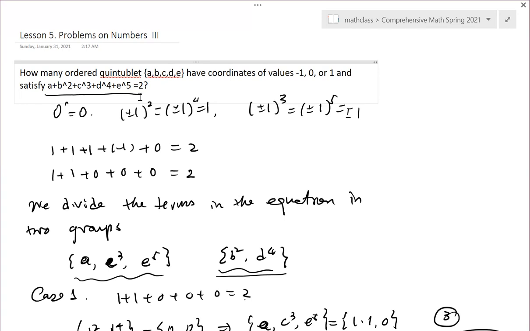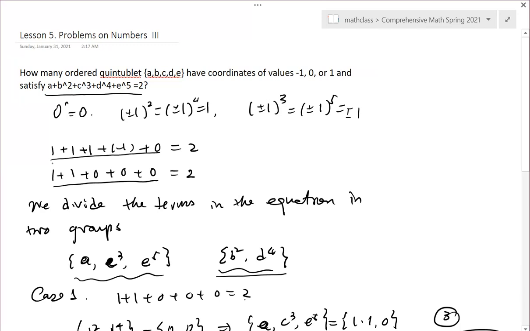When can you get a -1? When you plug a -1 into the cube and into the fifth. Okay. Then you look at the possible ways to get 2, right?